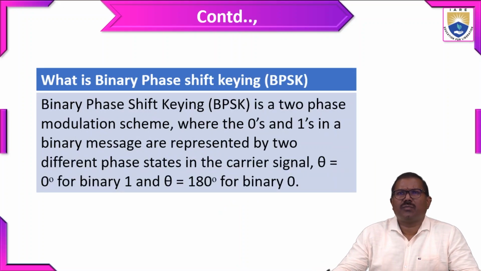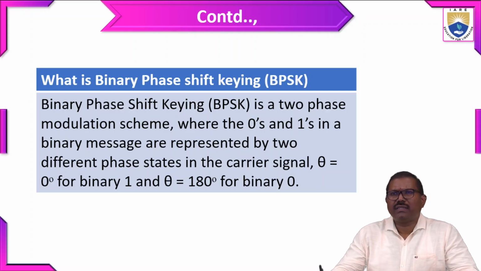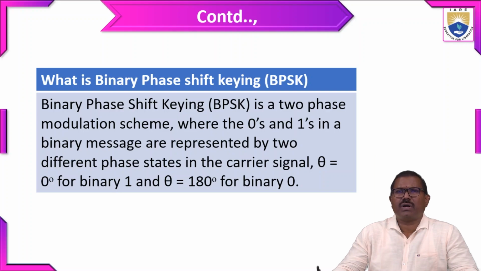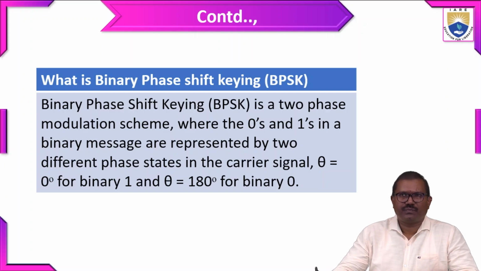What is binary phase shift keying? Here, binary phase shift keying or BPSK is a two-phase modulation scheme where the zeros and ones in a binary message are represented by two different phase states in the carrier signal. Theta is 0 for binary 1 and theta is 180 degrees for binary 0.